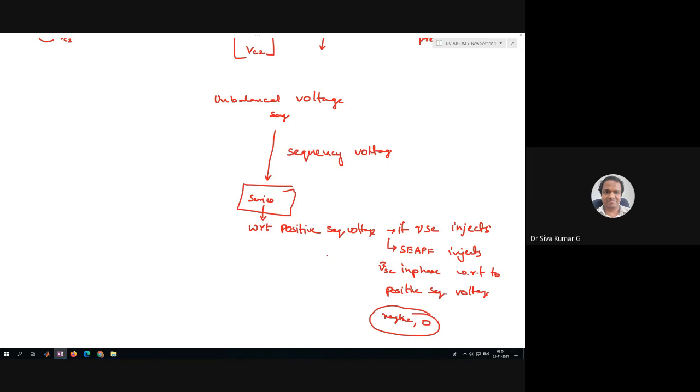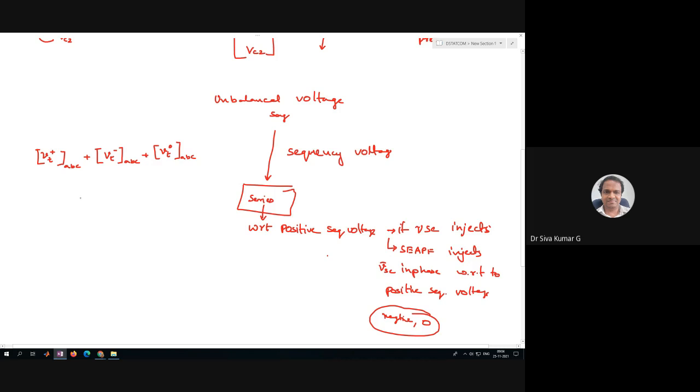Here what I'll try to make out is the VT positive sequence in ABC will be there. Then you have the terminal voltages, VT negative in ABC will be there, and VT0 in ABC will be there.